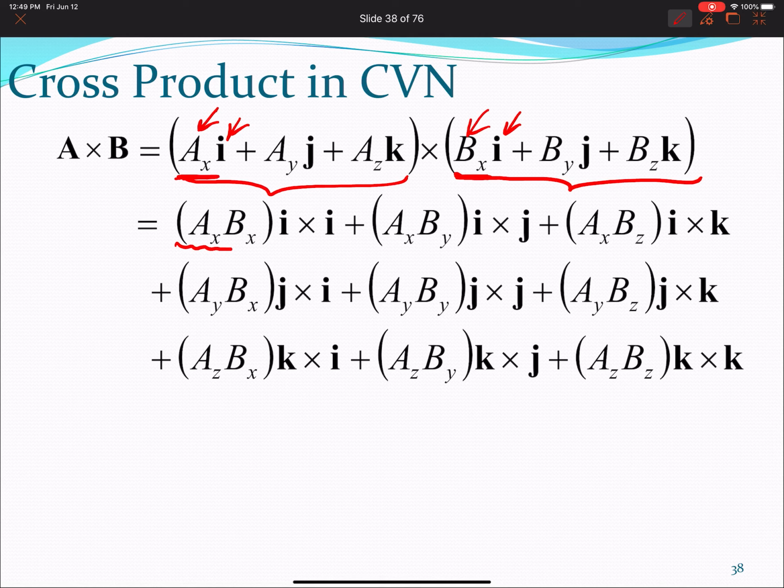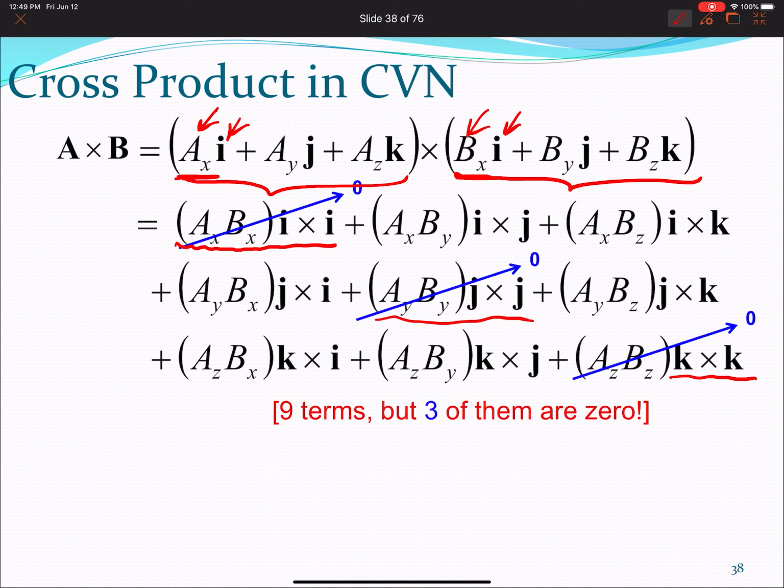Do you remember what is equal I hat cross I hat? Well, parallel vectors. You may remember that all these products in which we have the same vector, because these are parallel, we can cancel them, because they are equal to 0.